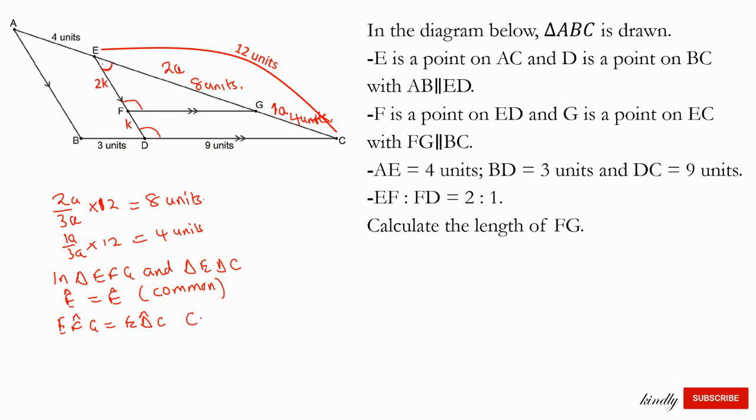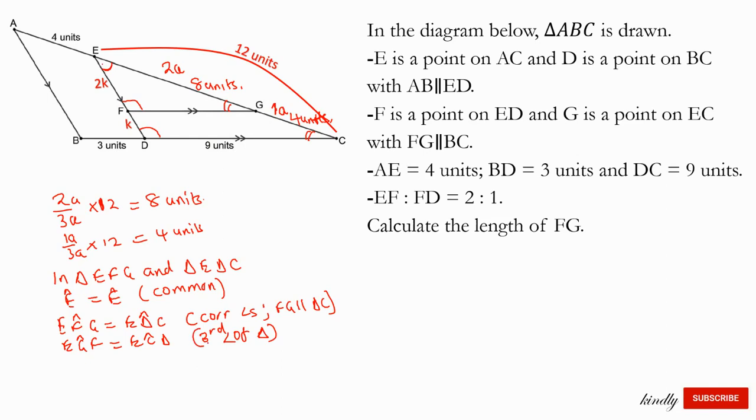Why? They are corresponding angles, since FG is parallel to DC. Then we have the third pair of angles: angle EGF is equal to angle ECD. Why? Third angle of triangle.